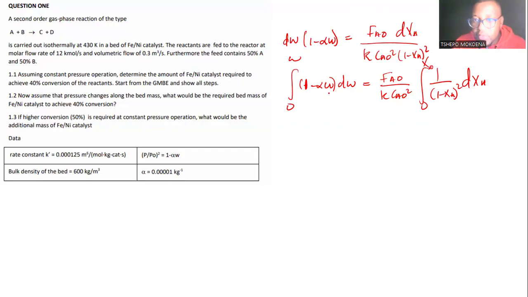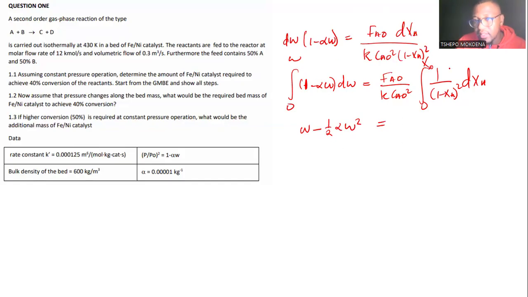And this one, how to integrate it, it's simple. W integrated is W squared divided by 2. So we're going to have W minus 1 over 2 alpha W squared. This is how we integrate this.